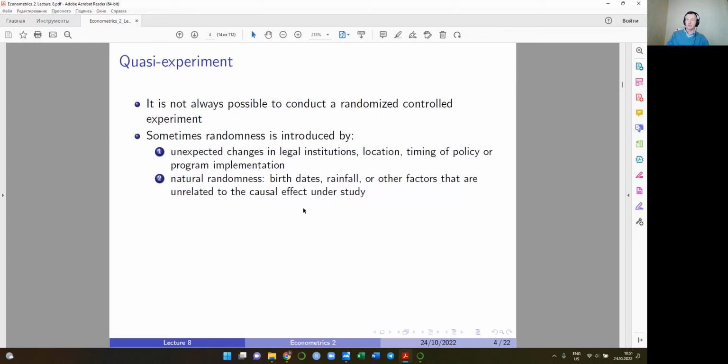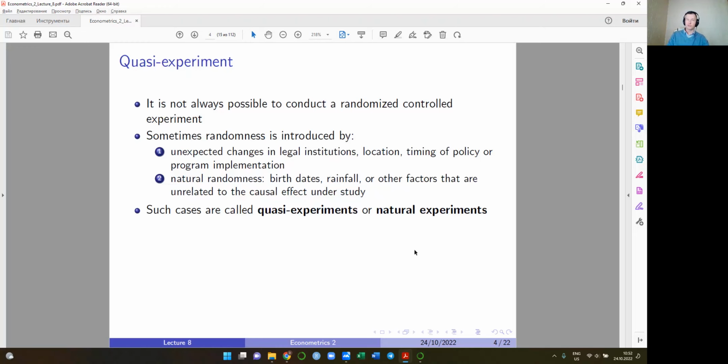They can be unrelated to the causal effect, and therefore we can also use such settings as potentially random, and the treatment can be also assigned as random. So we call such experiments quasi-experiments because we as researchers do not influence the distribution of treatment, but the treatment is distributed randomly because of the nature or because of the governmental policy. So quasi-experiments or natural experiments.